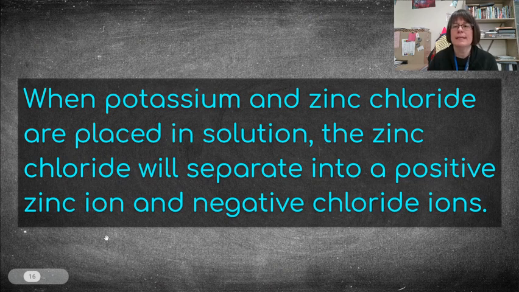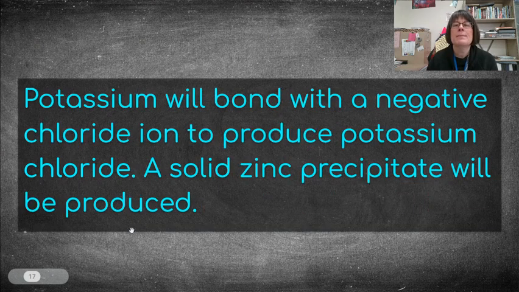Now, what is happening is when potassium and zinc chloride are placed in solution, the zinc chloride will separate into a positive zinc ion and a negative chloride ion. Potassium will bond with a negative chloride ion to produce potassium chloride, and a solid zinc precipitate will be produced. Remember when we were talking about evidence of chemical reactions, a precipitate forming?